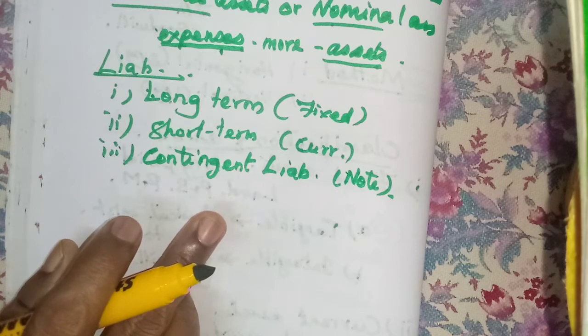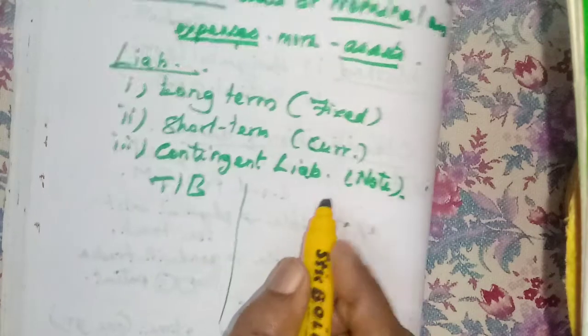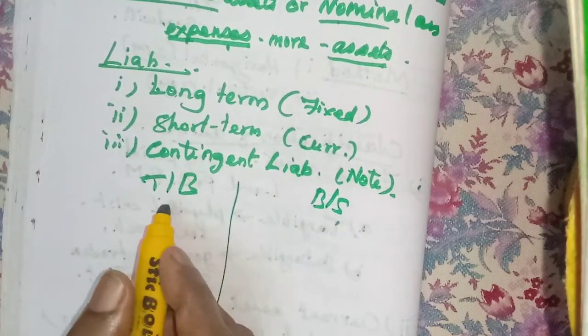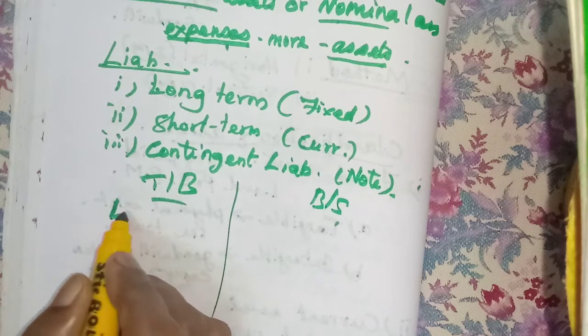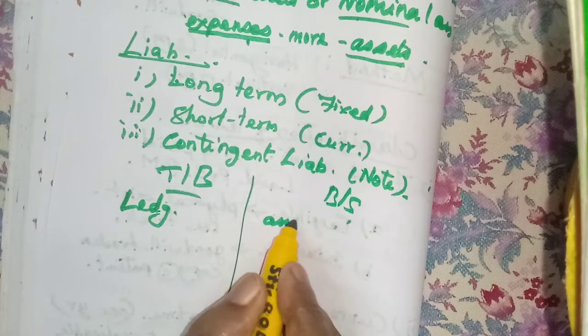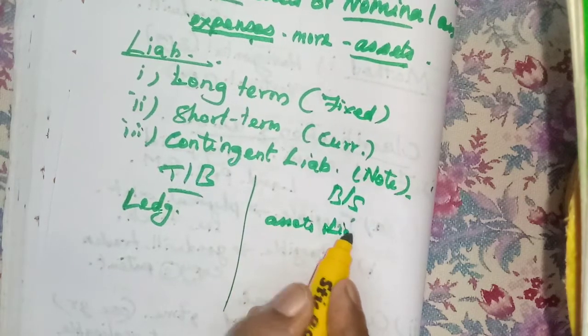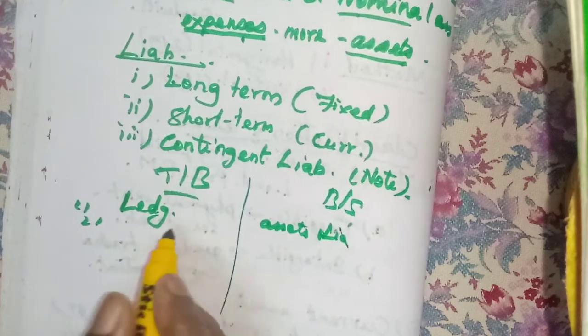Now, the difference between trial balance and balance sheet. We know the trial balance shows all the ledger balances, isn't it? Here we show all the assets and liabilities, isn't it? Then why do we prepare this trial balance?